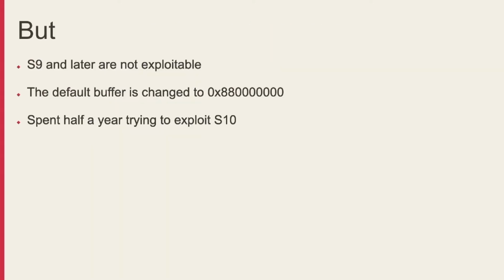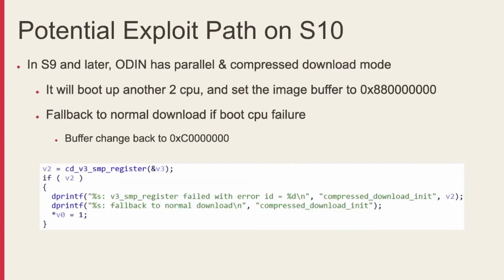But we are not able to exploit S9 and later, because the buffer location is changed to another address, which is far from the secure boot code segment. We had figured out a potential exploit path to exploit the newer model. In S9 and later, Odin changed the buffer location to a big address, which is behind the code segment.